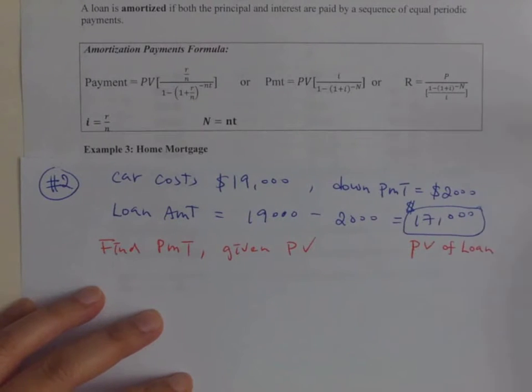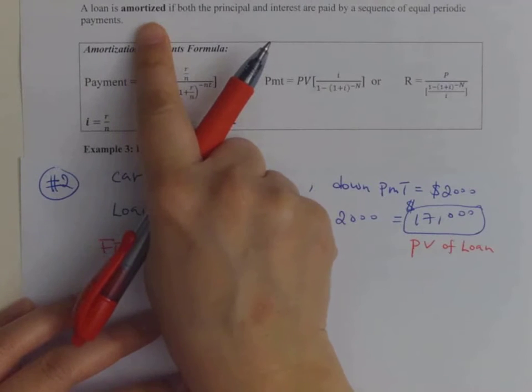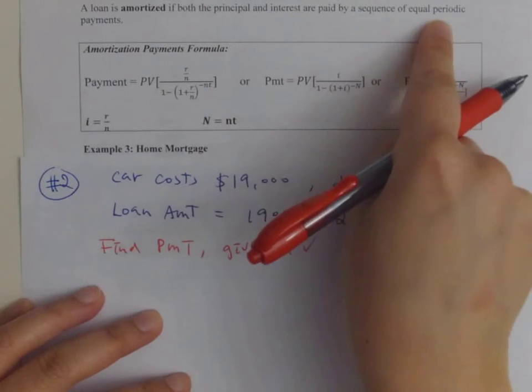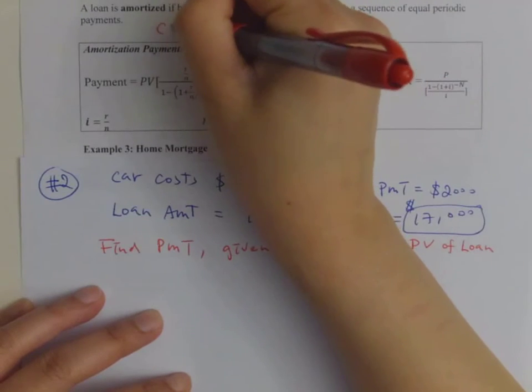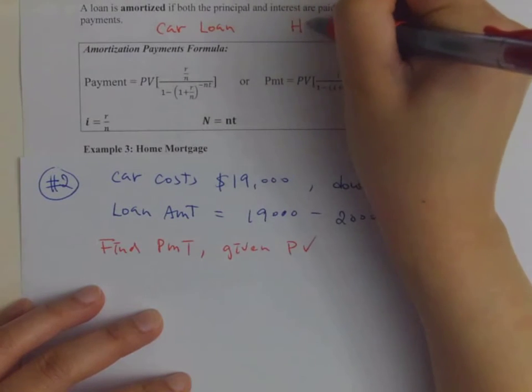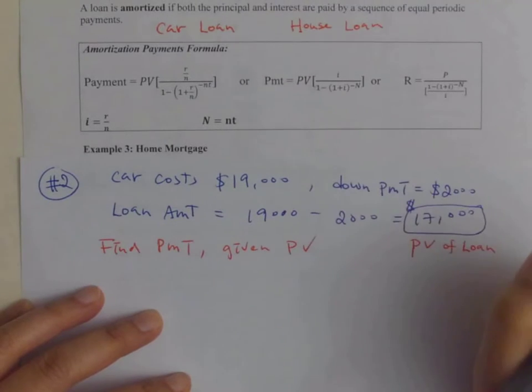So amortization is going to be a loan where both principal and interest are paid by a sequence of equal periodic payments. A lot of the time, like a car loan and a house loan, will use this kind of amortization.